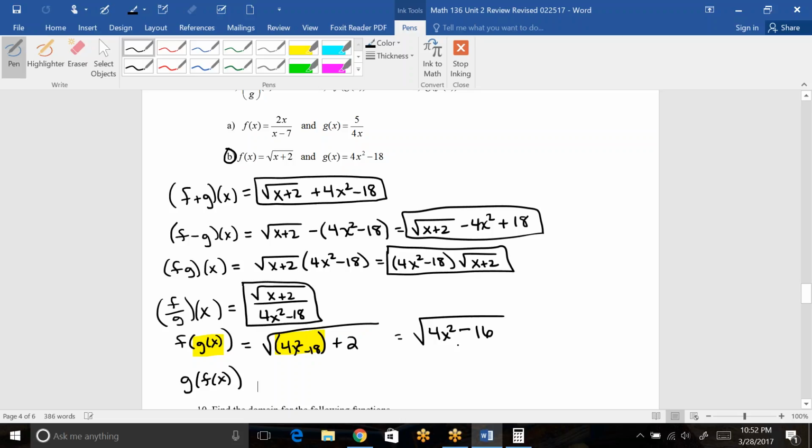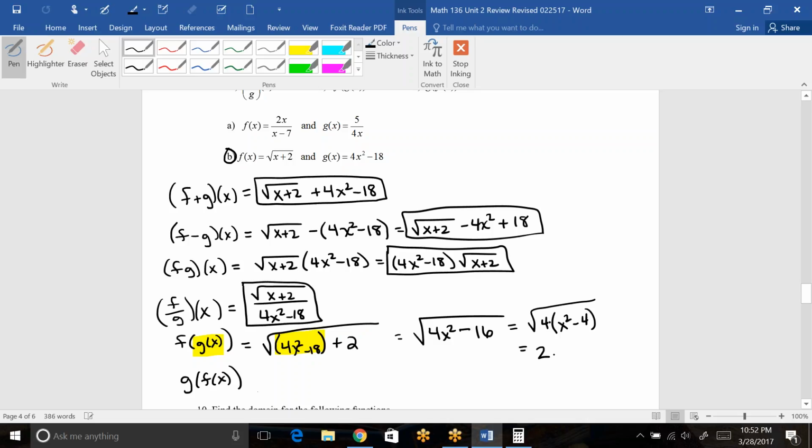Now with this one, it is possible that maybe something could be pulled out and actually reduce. If you look at this, this is a 4 times an x squared minus 4, if you pull a 4 out. When you have two things under a radical that are connected by times, if one of them is a perfect square, it can come outside.